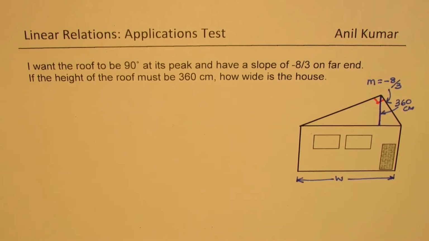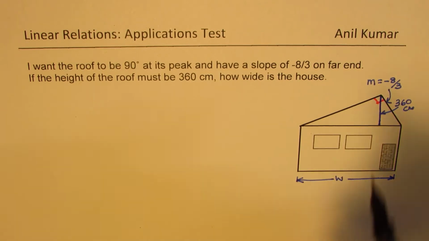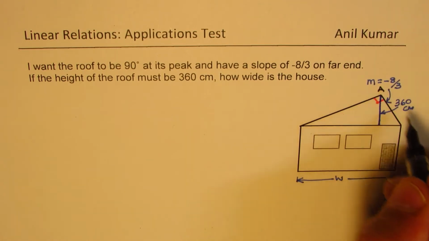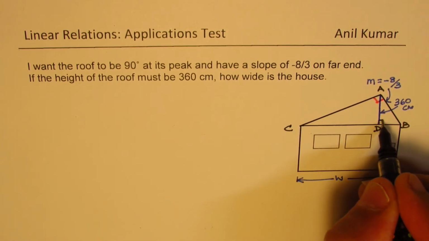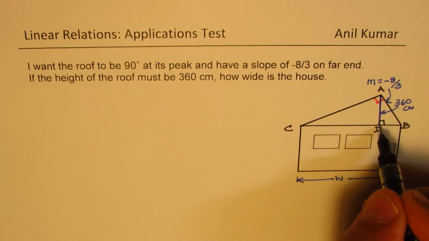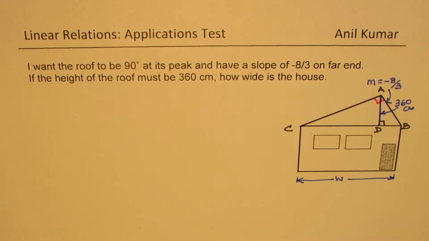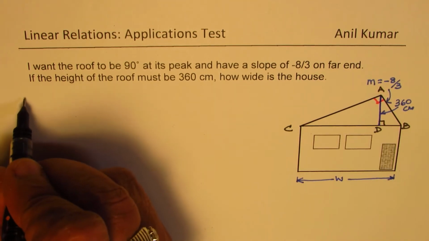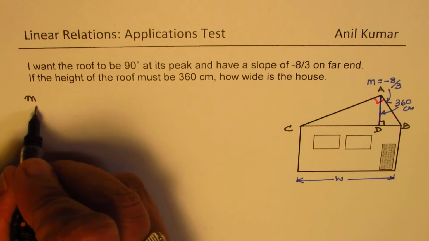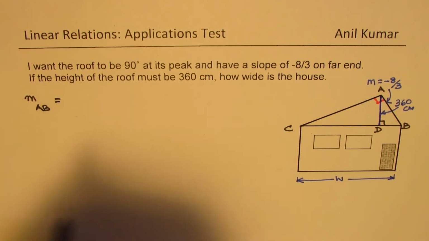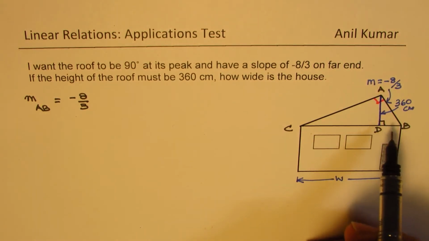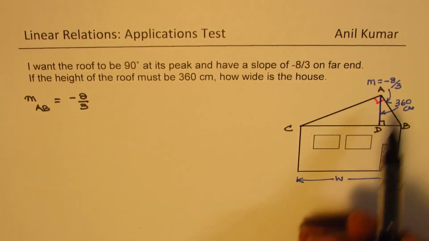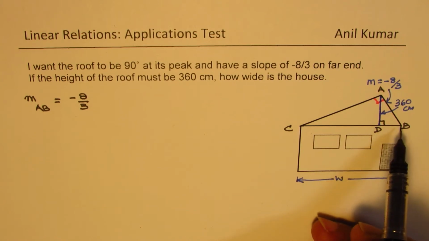Now, to answer the question, let me write A, B, C as the points on the vertices, and we'll place this point as D, where we drop a perpendicular from A to the base CB. Now, we are given that the slope m for A to B is equal to minus 8 over 3. Since we know that AD is 360, we can find what DB is, right?